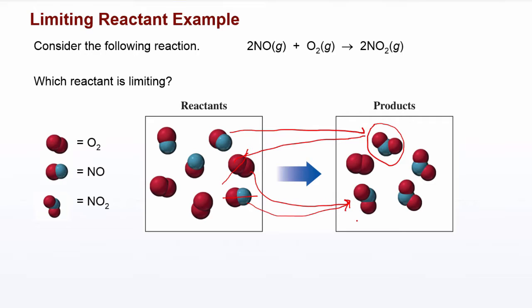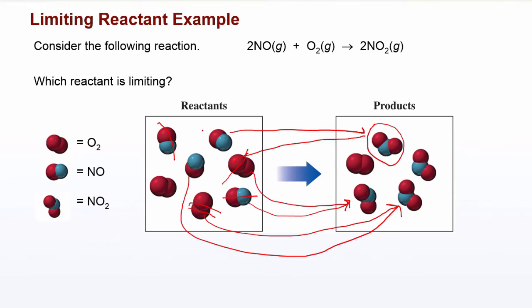So then we've got 2 red balls and then 1 blue. So let's see, this one will go here, and then 1 oxygen will go there as well. And then for this nitrogen dioxide, we'll use this nitrogen monoxide, and then we'll use the other one of those oxygens.